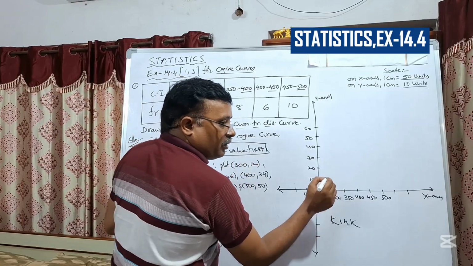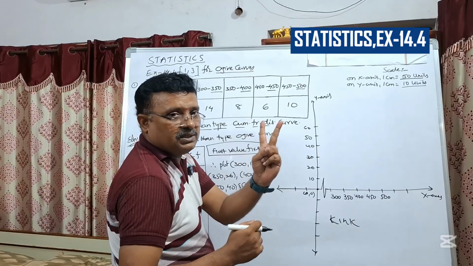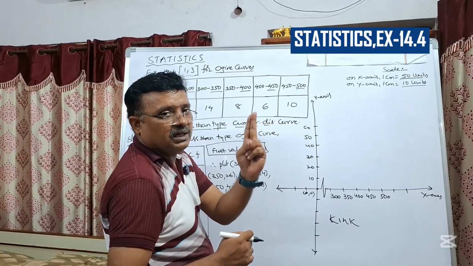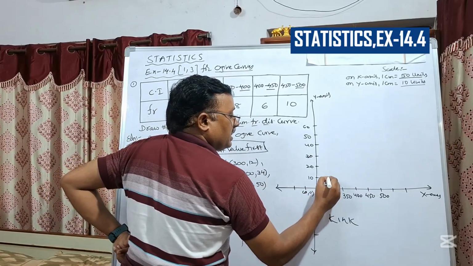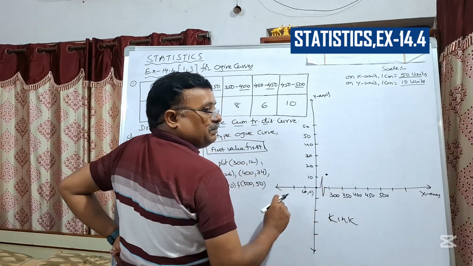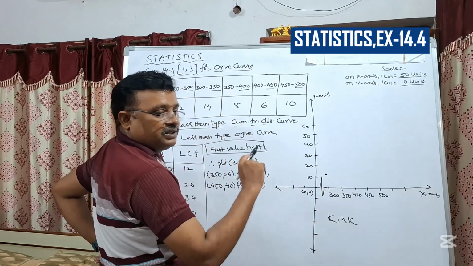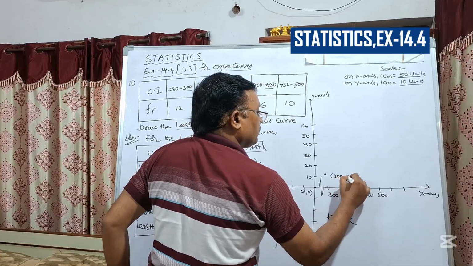Don't put points for one singular value. It is a pair, meaning both values have to be considered to reach the destination. So from the origin, 300 comma 12 means above 10, the second partition. This represents 300 comma 12.